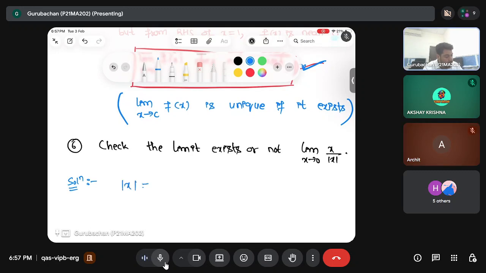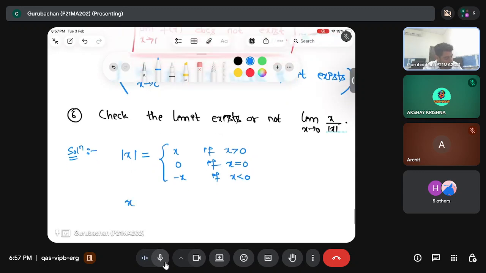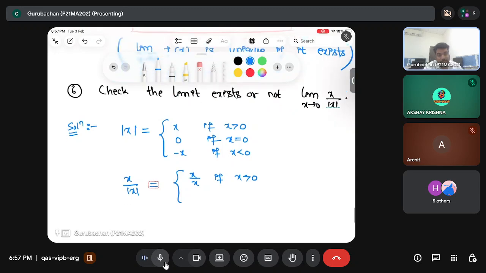So the definition of mod x says that it is x if x is greater than 0, 0 if x is 0, and minus x if x is less than 0. So from here, if you see x by mod x, this will be x by x if x is greater than 0, and if x is equal to 0, obviously it is not defined, that case is excluded.